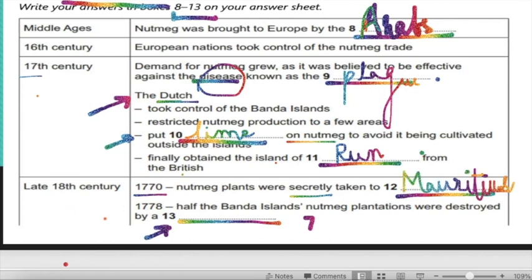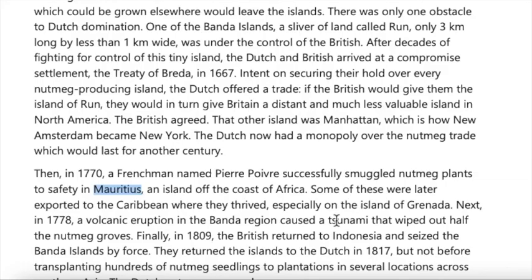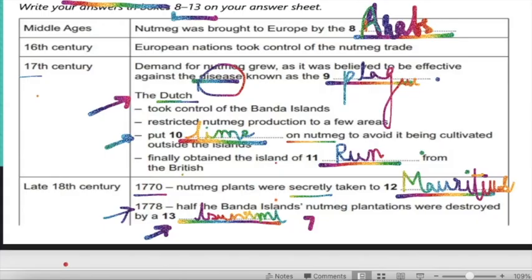Now by 1778, nutmeg plantations were destroyed by a what? Alright, 1778. Volcanic eruption, that's 2 words. Caused by a tsunami. So tsunami is the answer, T-S-U-N-A-M-I. So with this we have completed our completion type question.